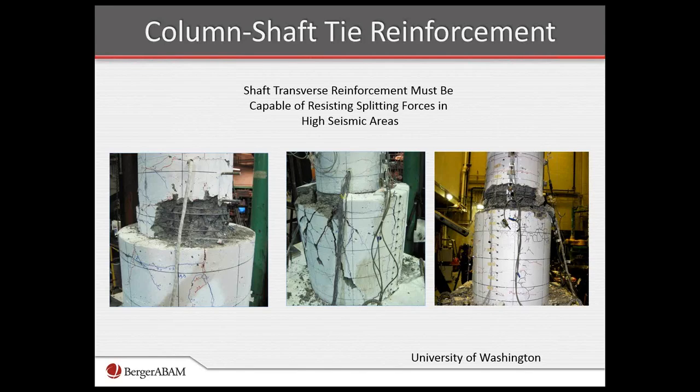We intentionally had one that was very light, and you see that in the center photo where we broke away the transition zone or the collar of the shaft. So we got good data on how much confining steel is required here, and this is covered in the Highways for Life project reports, which I gave you a reference to last time in the May webinar.